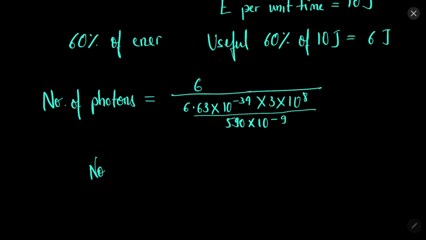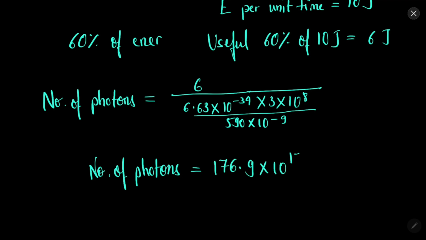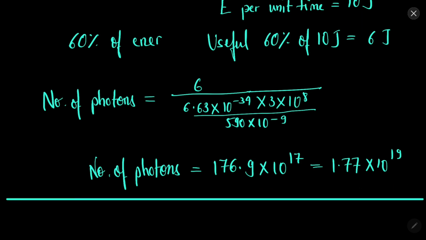So number of photons is approximately 176.9 into 10 to the power 17, or 1.77 into 10 to the power 19. So this many photons are there.